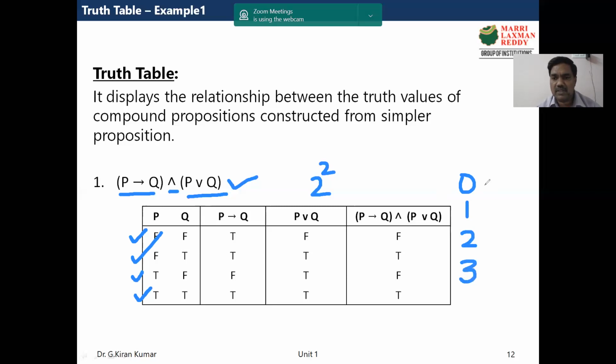In binary, 0 is written as 0 0, 1 is written as 0 1, 2 is written as 1 0, and 3 is written as 1 1. Please recollect this basic topic of how to convert a decimal number to binary. So if 0, 1, 2, 3 are my decimal numbers, the equivalent binary numbers are 0 0, 0 1, 1 0, 1 1.